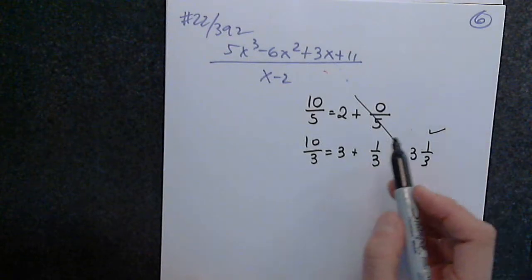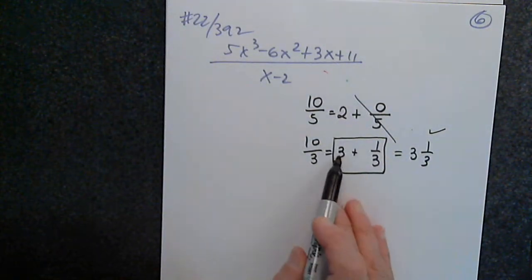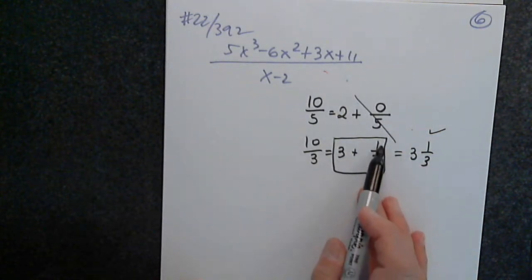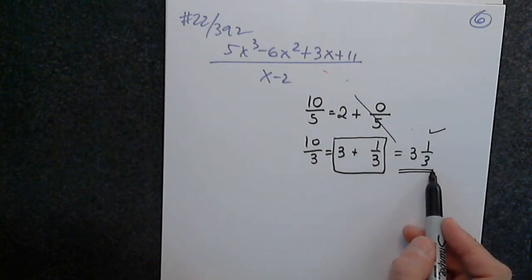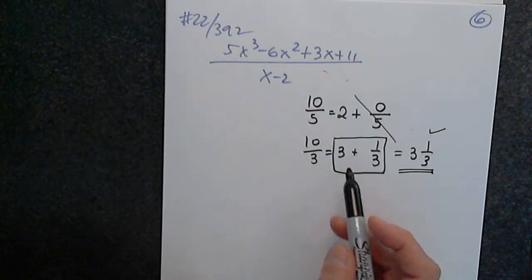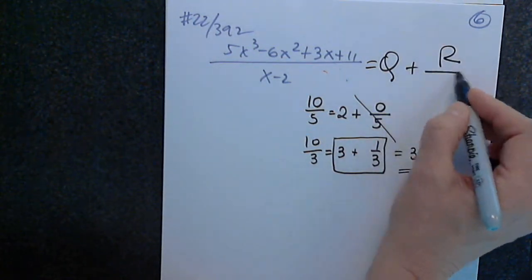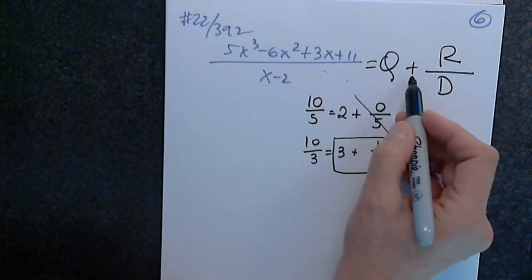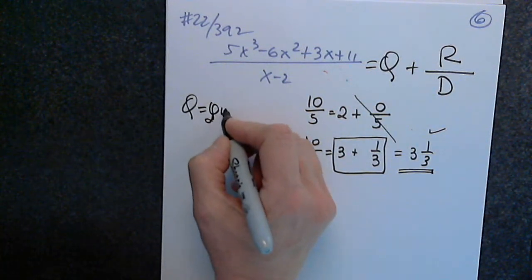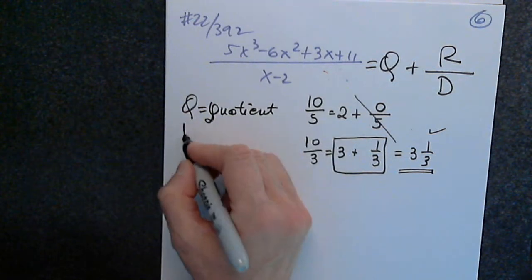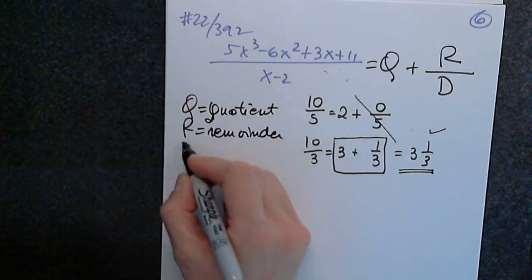This is for numbers. But for polynomials, I have to write the quotient plus or minus the remainder over the divisor. So the answer will be a quotient plus a remainder over the divisor, or minus. Q, quotient, R, remainder, D, divisor.